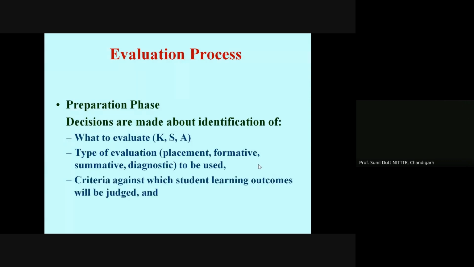Identification of criteria against which student learning outcome will be judged, whether you want your students to perform 80% correctly, 90% correctly, or say 70% correctly, because you know the level of your students in the class.